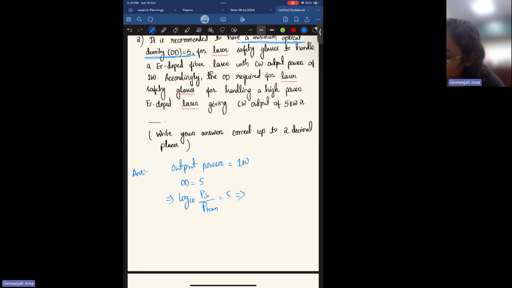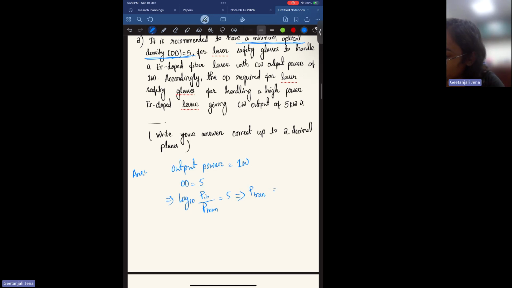So you can calculate the transmitted power from here. What is the minimum transmitted power for laser safety for a 1 watt laser beam? So the power transmitted should be P in divided by 10 to the power 5.